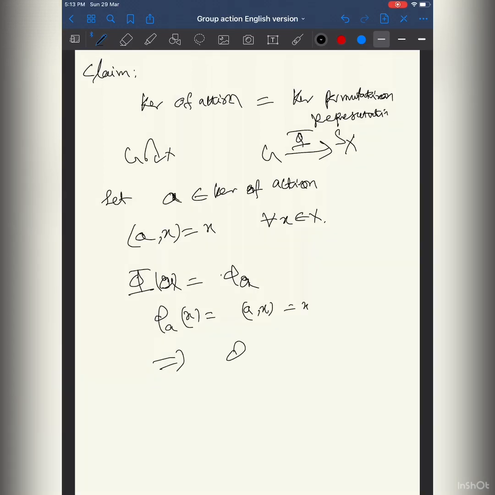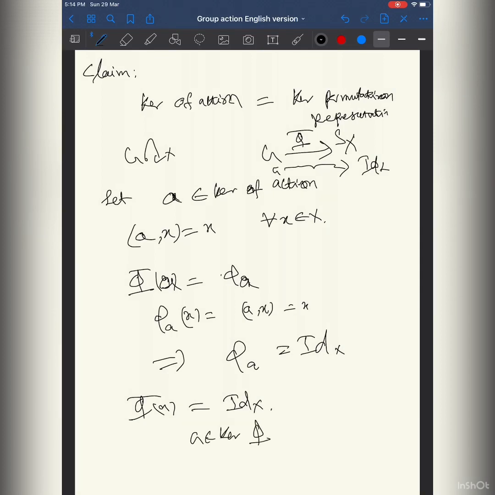That implies phi A is the ID map, that means ID on X. Hence, what we are getting is that this maps A to the ID map. So this A belongs to the kernel of this phi.